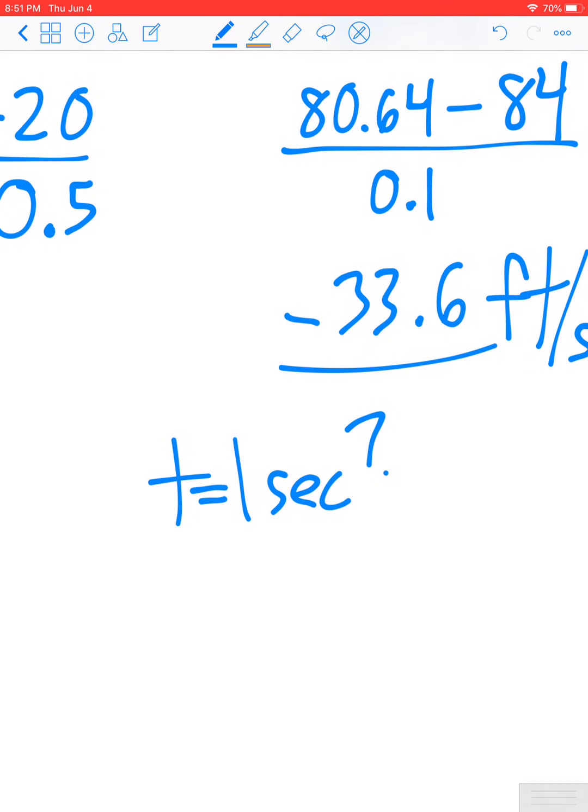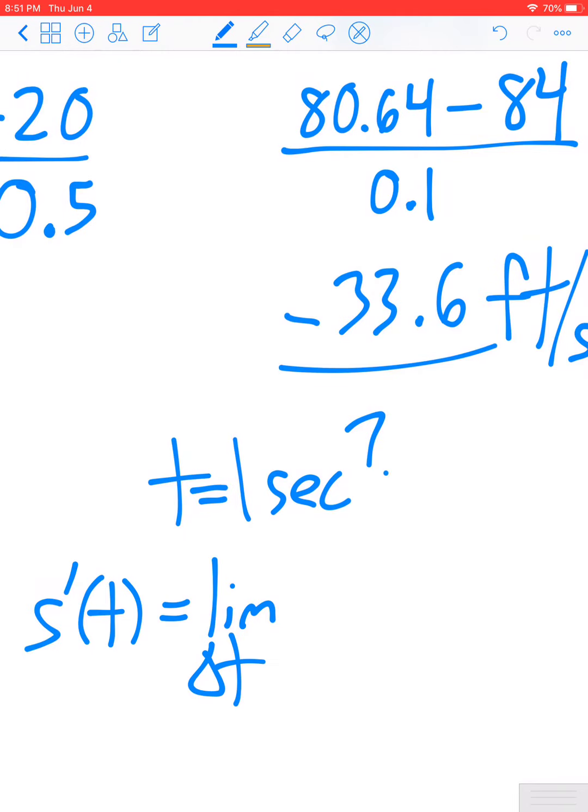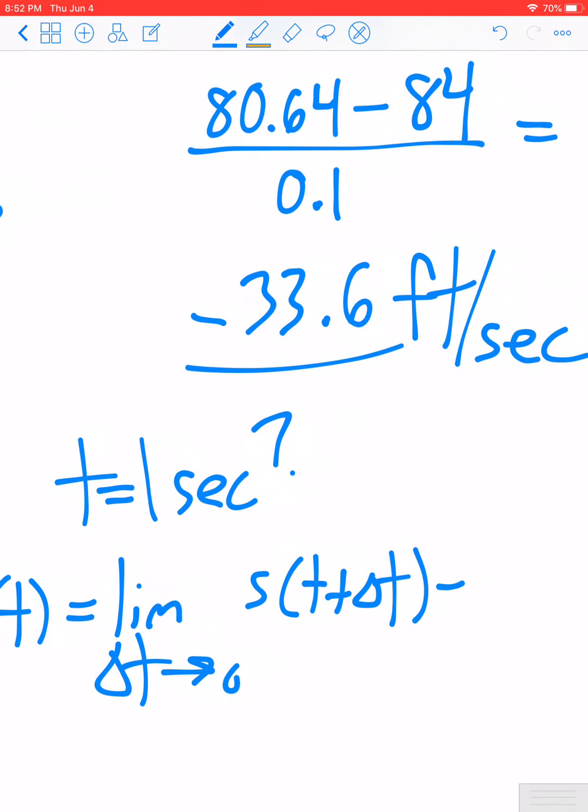And we know that the instantaneous velocity is given by the derivative. In this case, we know that s prime of t is equal to the limit as delta t approaches 0. We can write it as s of t plus delta t minus s of t, all divided by delta t.